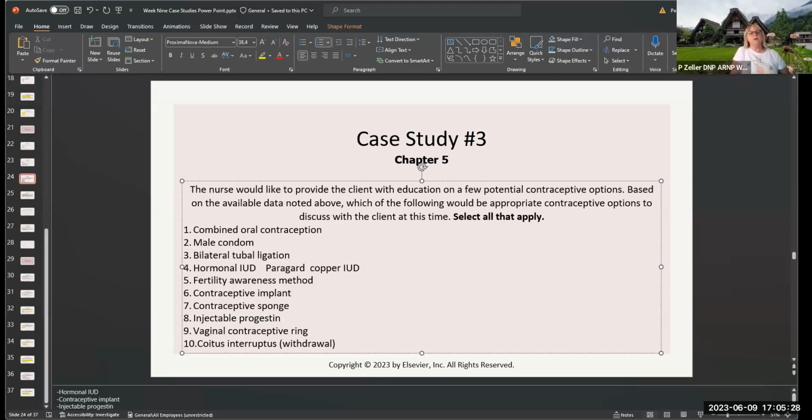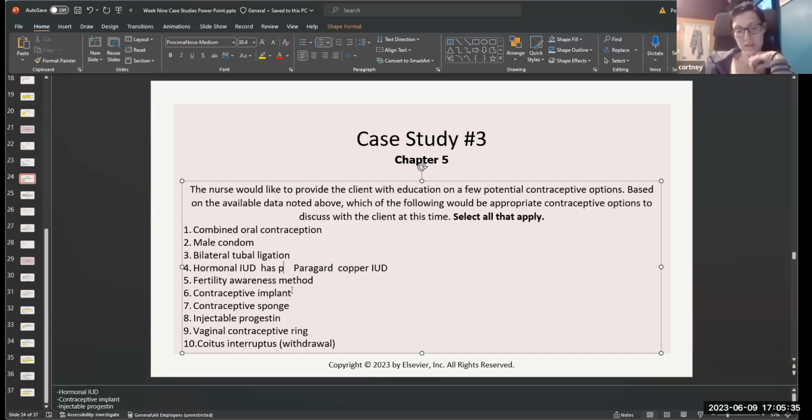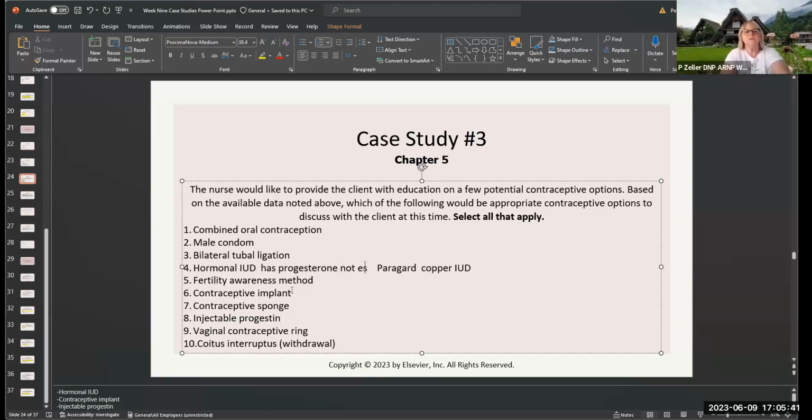Yes, but a hormonal one has progesterone, but no estrogen. And that's the next one on the list, right? Or am I crazy? So we could do either one of the IUDs. Okay. We're getting to that one.